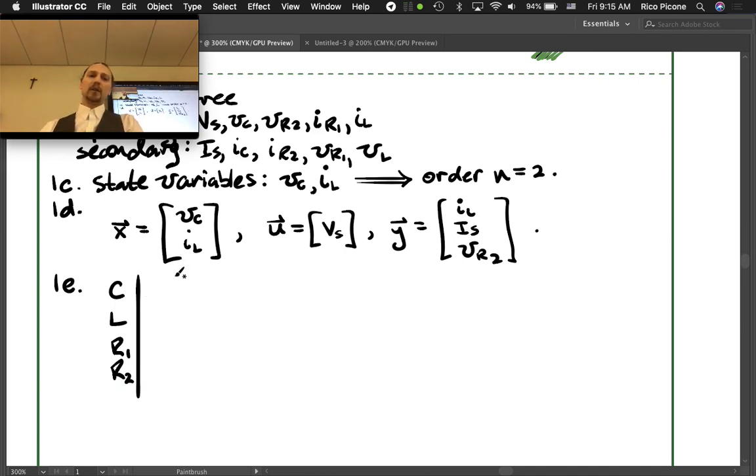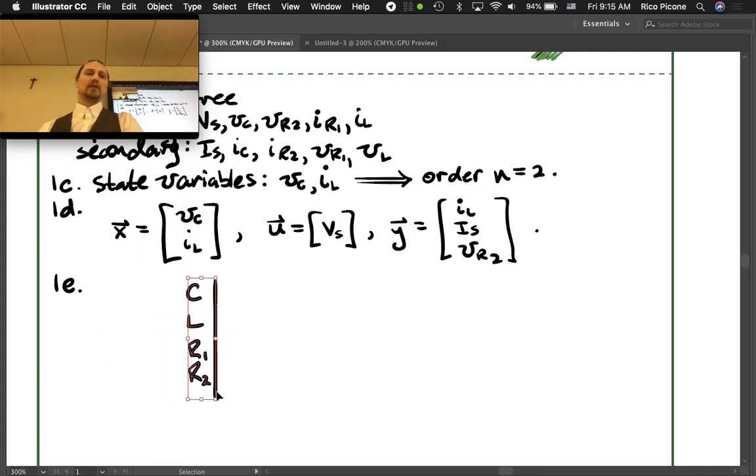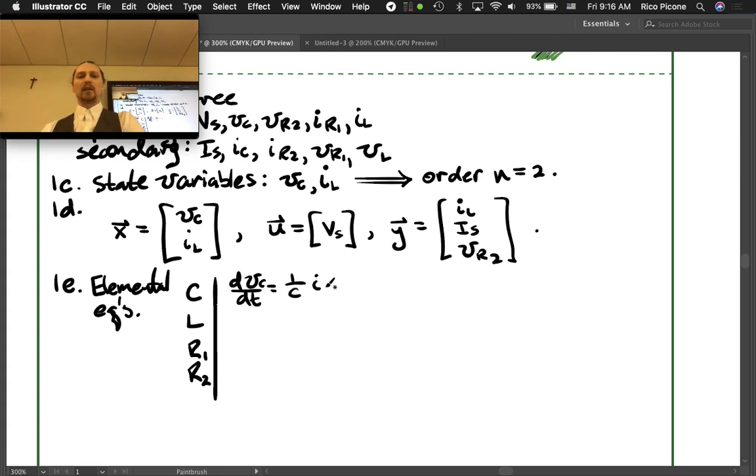And the elemental equation for a capacitor: dVC/dt equals 1 over C times IC, right?